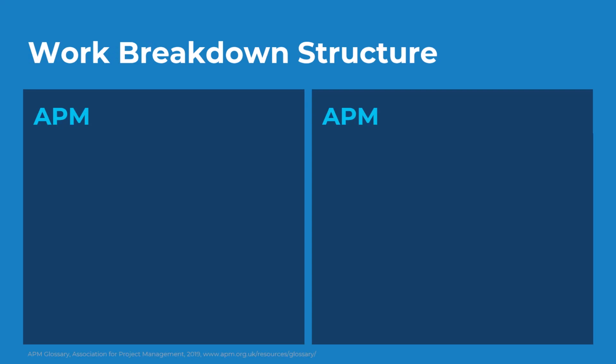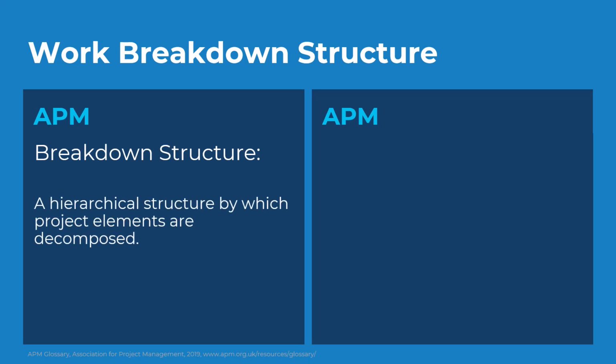First of all, here are two definitions from the APM, the Association for Project Management. On the left-hand side, the breakdown structure, not the work breakdown structure, the breakdown structure. That is a hierarchical structure by which project elements are decomposed.